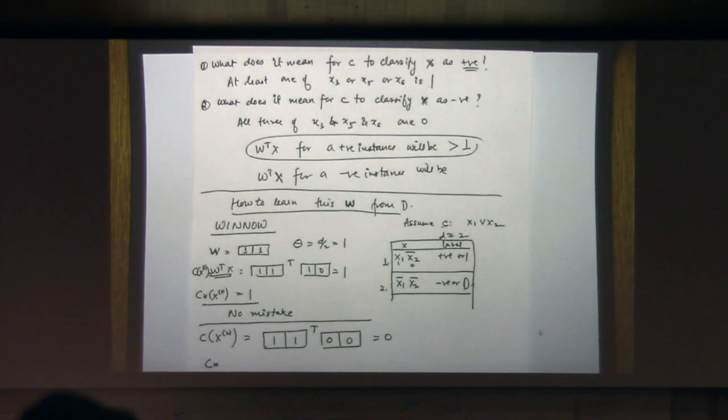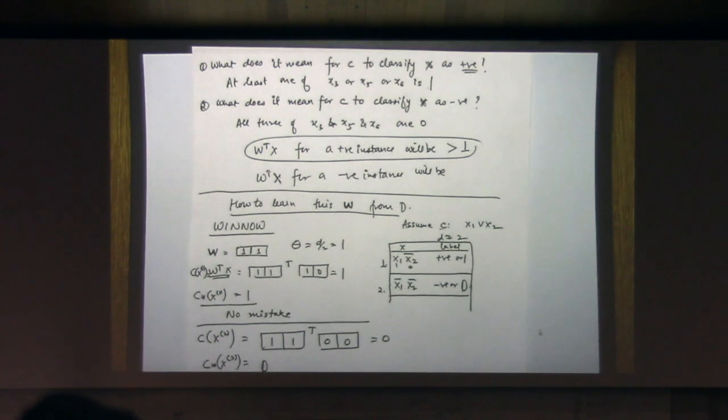So now what happens is that your C of x of this is actually 0. So there is no mistake again.